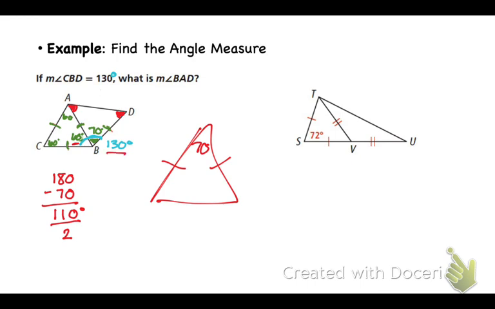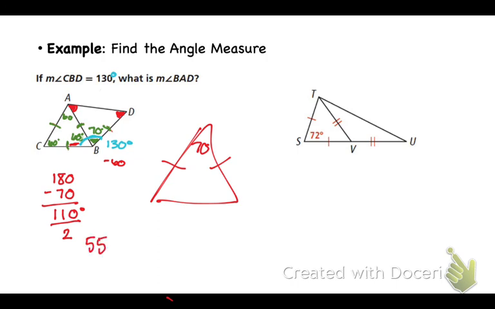What's the other piece? 60 plus what equals 130? So you subtracted 60 from 130. Okay. So we're going to divide it by 2 and get 55.